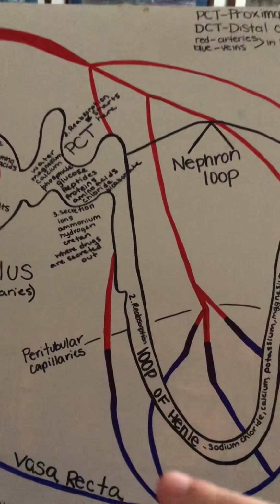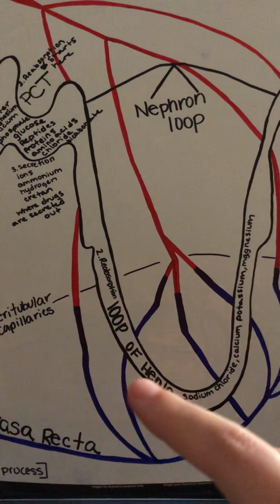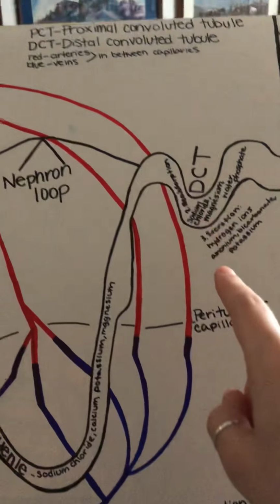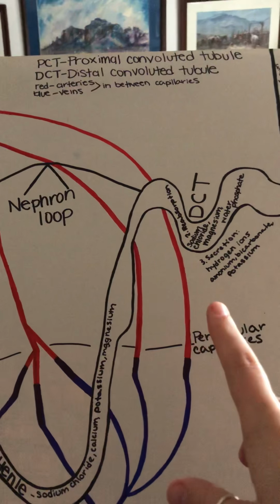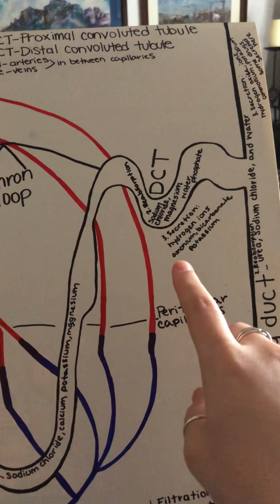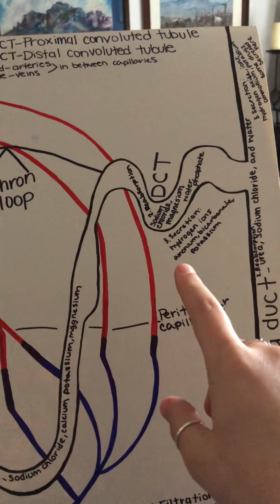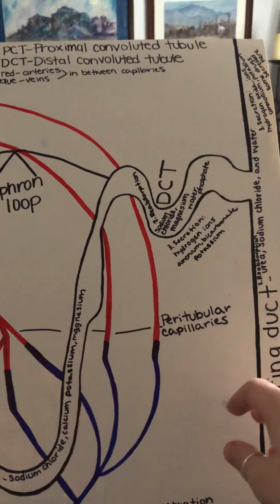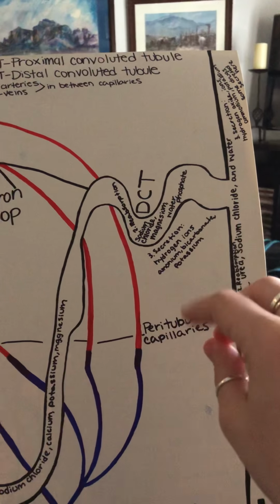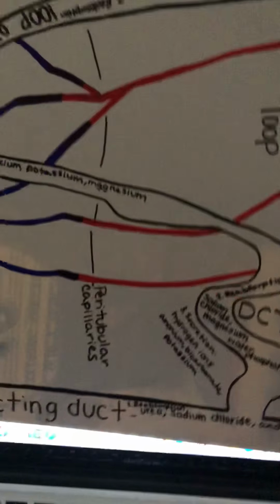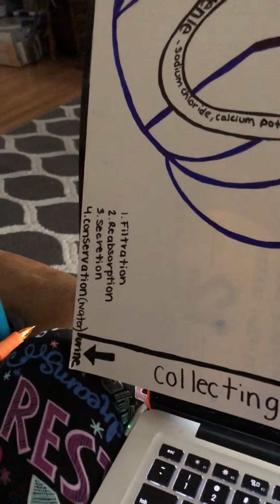From there, I'm going to go past the loop of Henle, and I'm going to go back over to the distal convoluted tubules, and secretion will also occur here. What's secreted is hydrogen ions, ammonium, bicarbonate, potassium. And from there, secretion, I'll go ahead and turn this for you guys, will also take place here in the collecting duct.